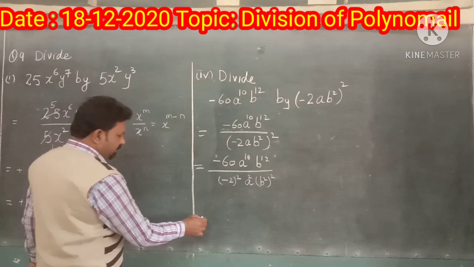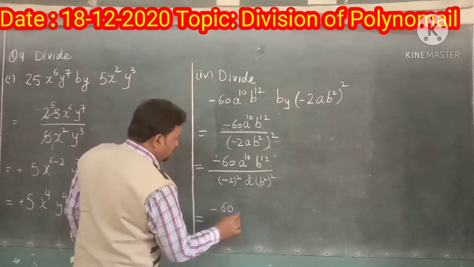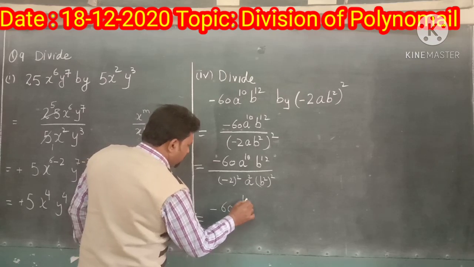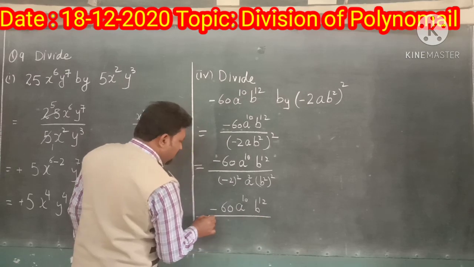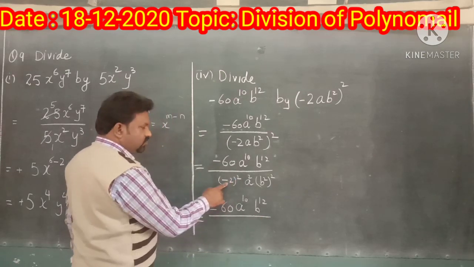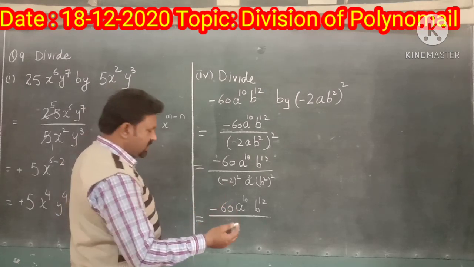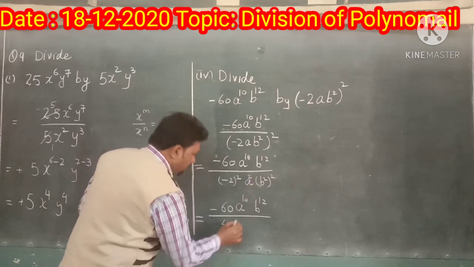So in the next step we will write minus 60 a power 10 b power 12 divided by, so minus 2 whole power 2, minus 2 multiplied by minus 2 means minus minus plus, 2 2s are 4, a power 2.